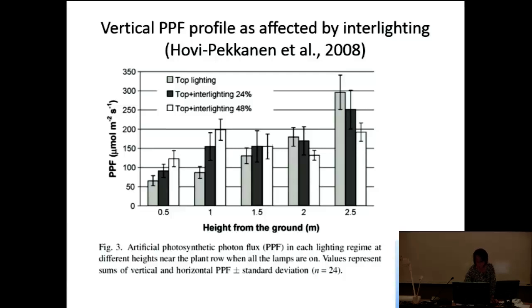And then in the 24% top and interlighting condition, the distribution is more like this, right? So it's improving compared to the earlier top lighting only condition. It improves the light intensity received by lower leaves, because this side is the top of the canopy, and this is the lower canopy.